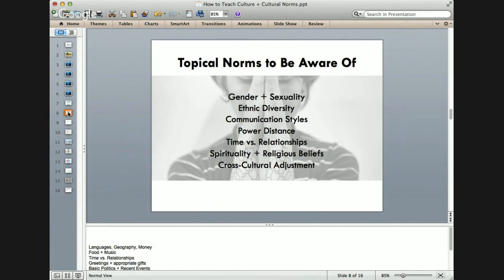We don't have to spend time talking about that. Versus if I'm at a more international summit, I might need to spend a few moments to talk about the importance of time versus relationships and how different cultures view them, because it's going to affect how people see it. Same thing with some of these other things on here. So talk with your team, think about what might be most important to spend more time on.